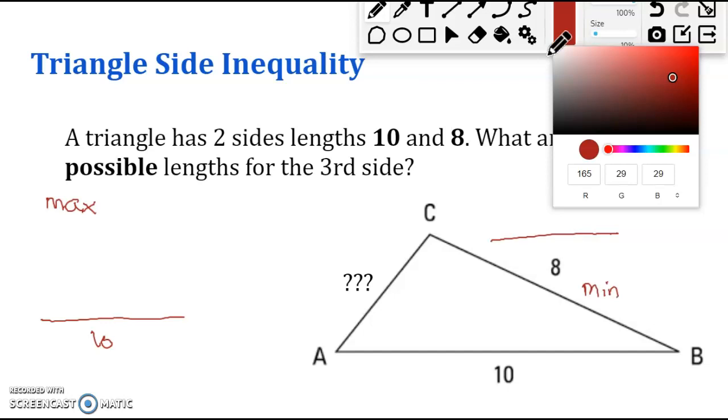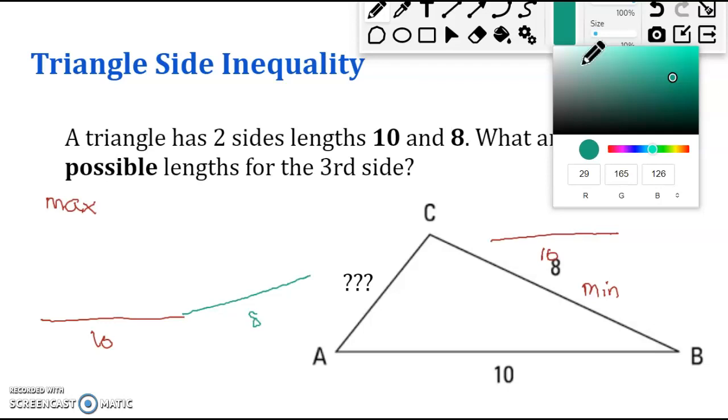Okay, so remember we said that was 10, and we are trying to create two triangles. One is going to be with the maximum length, and one is going to be the minimum length. To create the maximum length, given that this is going to be 8 units, I need it to go in that direction, so I'm going to say this is 8.